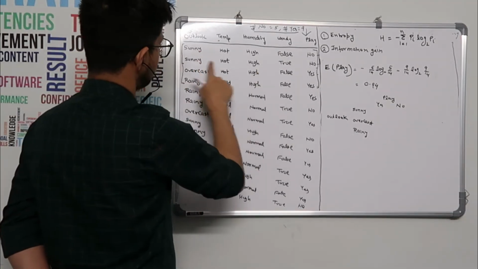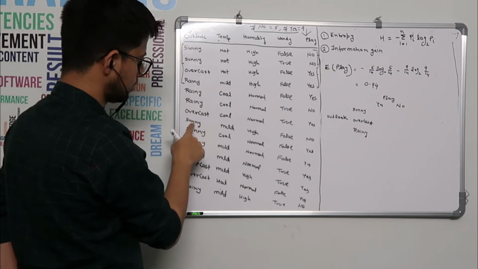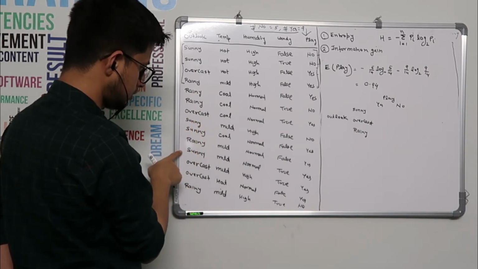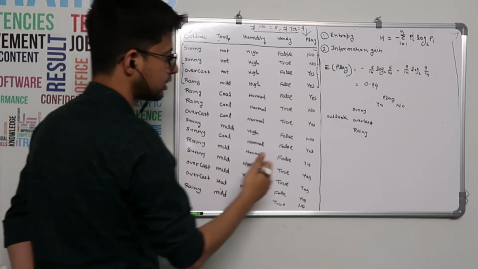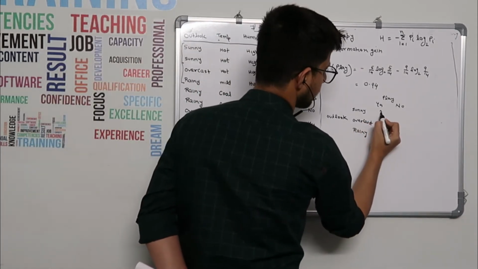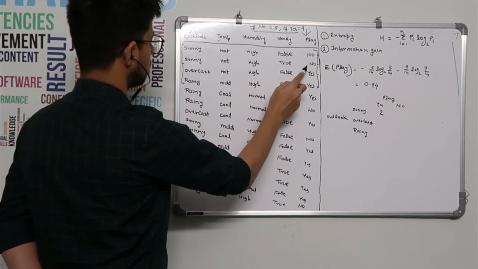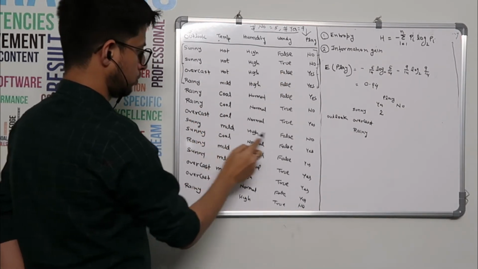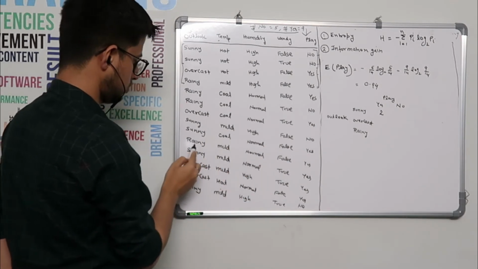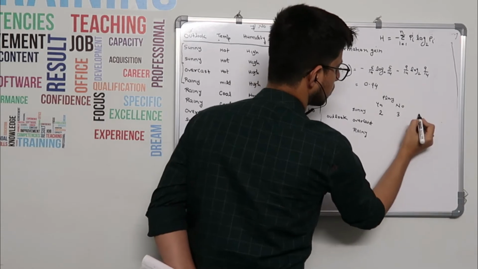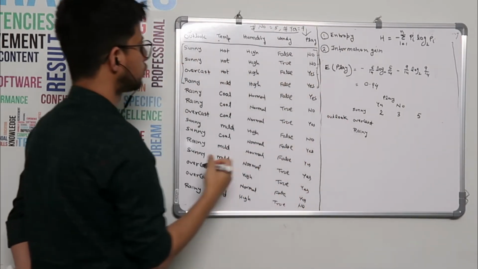This is no, this is no, this is also no, this is yes, 1, and this is also yes, 2. So for sunny there are 2 yes. How many no are there? 1, 2, 3. That's a total of 5.